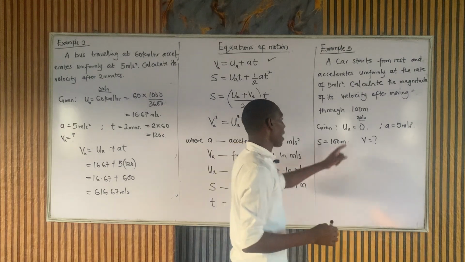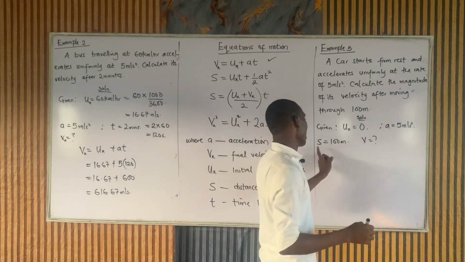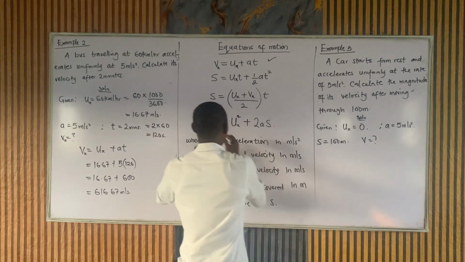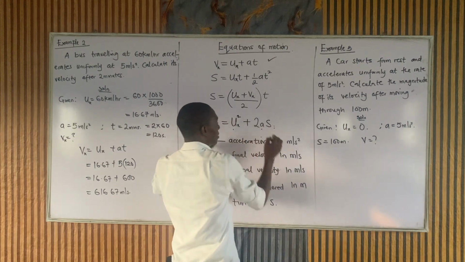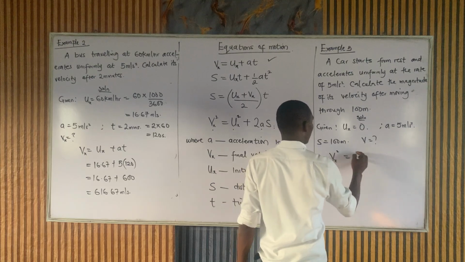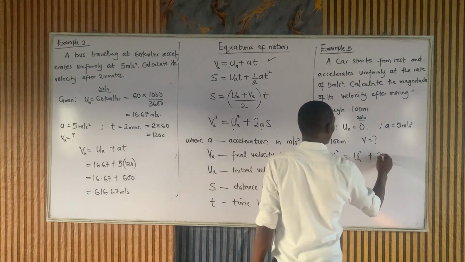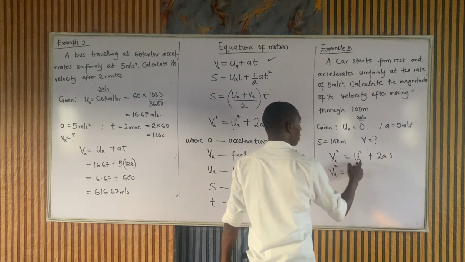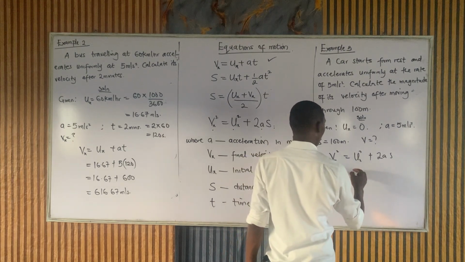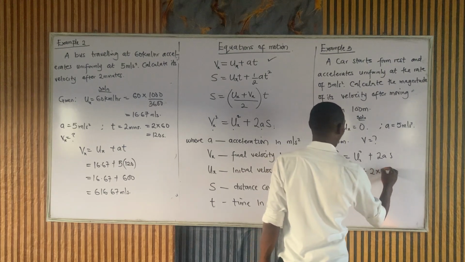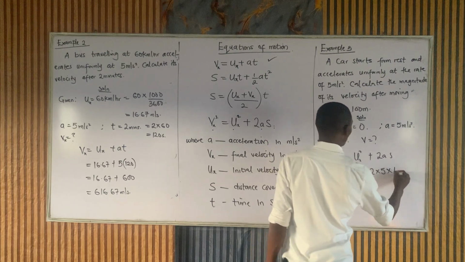Well, we have our U, A, and S, looking for V. Obviously, the only thing that can give us V here is this one. So we're going to say V squared is equal to U squared plus 2AS. So V squared is equal to 0 squared plus 2 times our A, which is 5, times our S, which is 100.